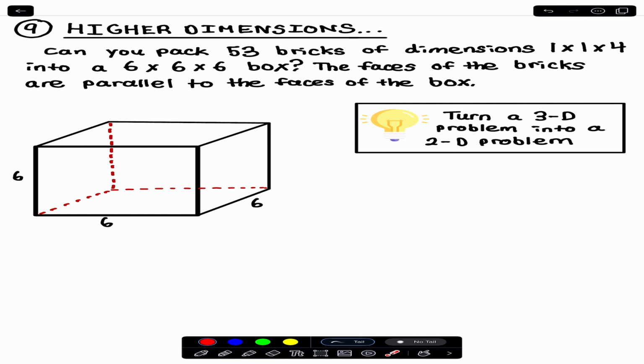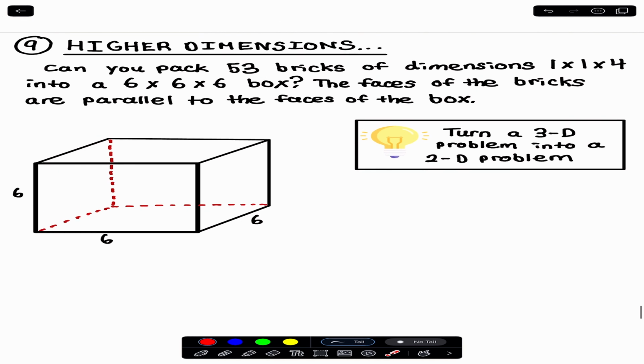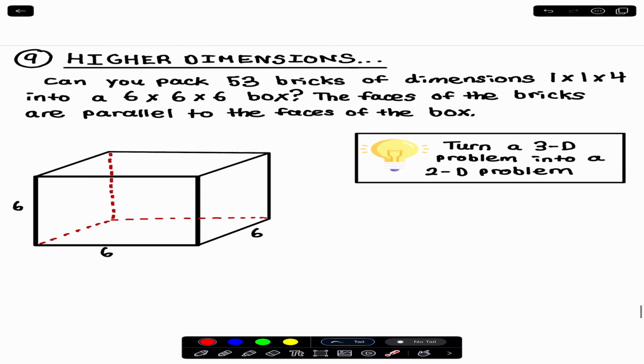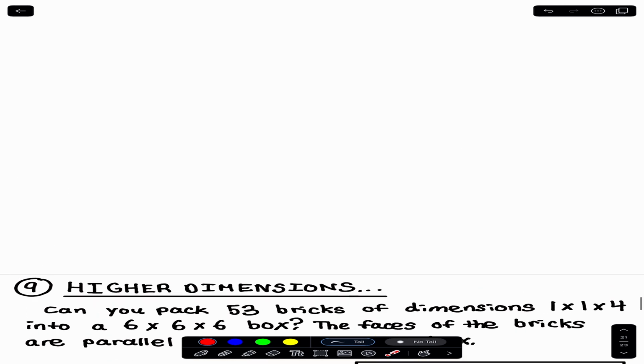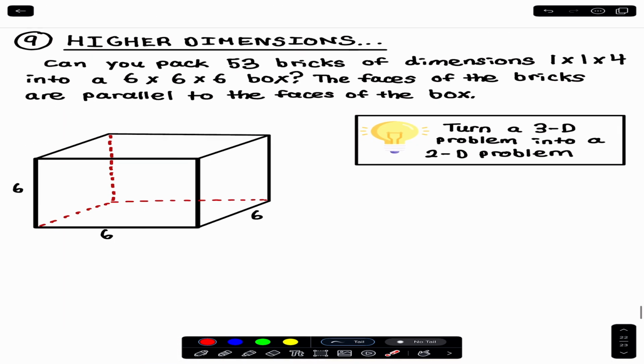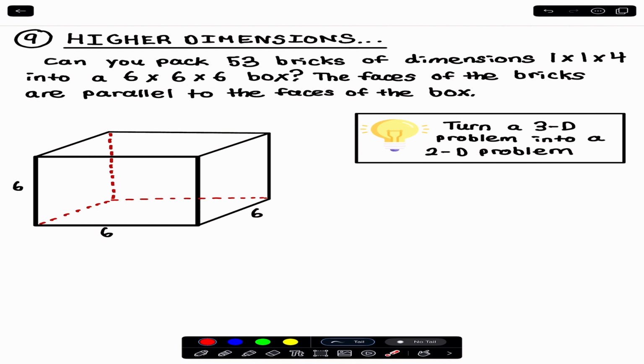I want you to turn a 3D problem into a 2D problem. So that's your challenge: turn this 3D problem into a 2D problem and then color it, as if you are in 2D space, basically. What we've been doing all night long to help you with this problem.